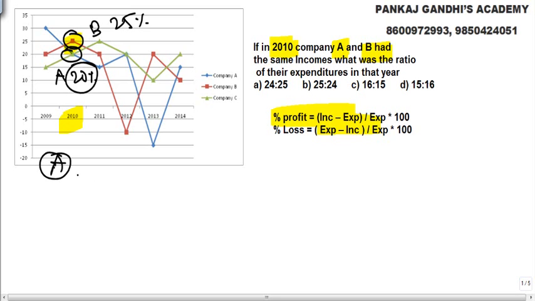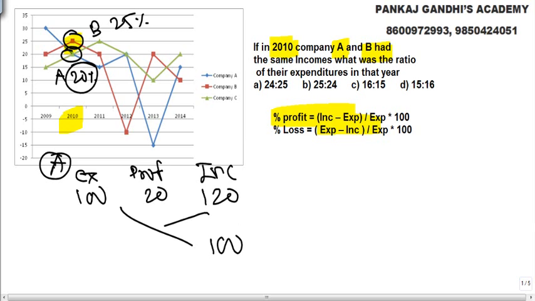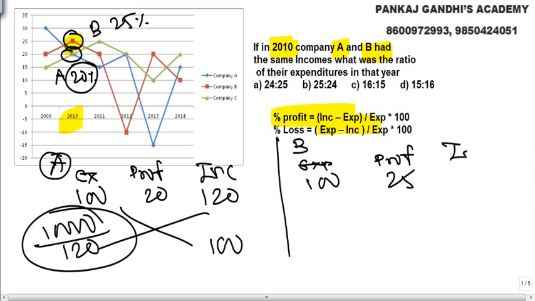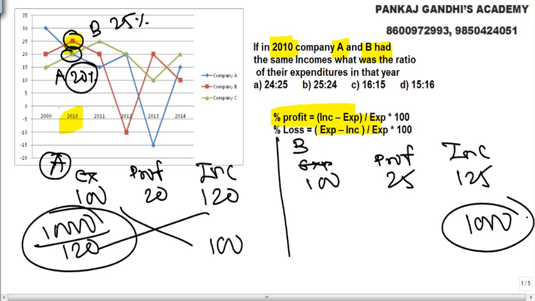For A, if expenditure was 100, profit was 20, income was 120. For B, 25% profit, expenditure 100, profit 25, income 125.